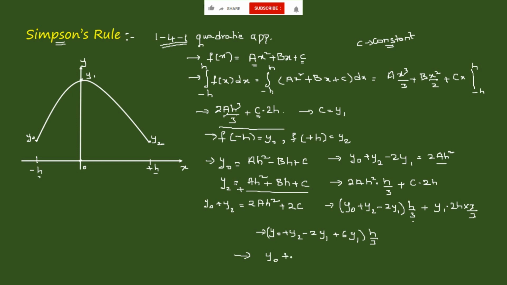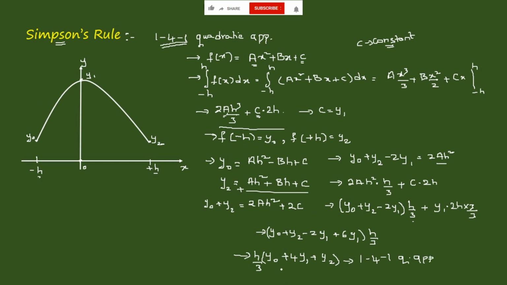Then the value is nothing but y0 plus 4 times y1 plus y2, the whole multiplied by h by 3. This is called the 1, 4, 1 quadratic approximation.